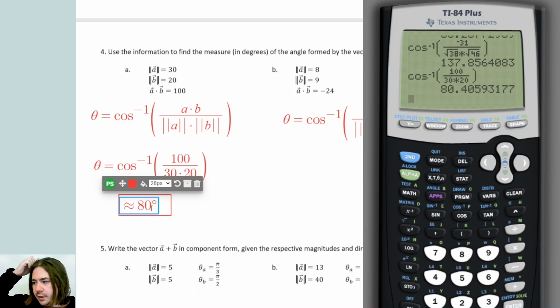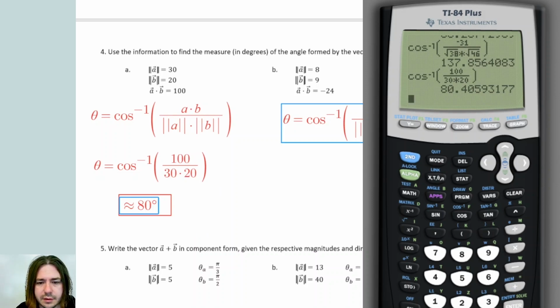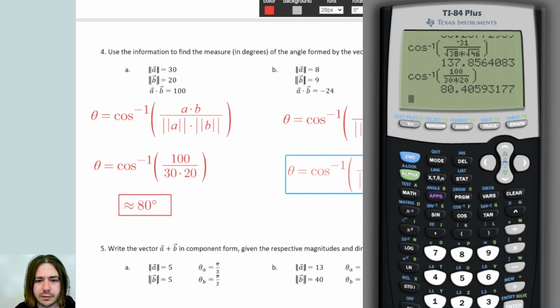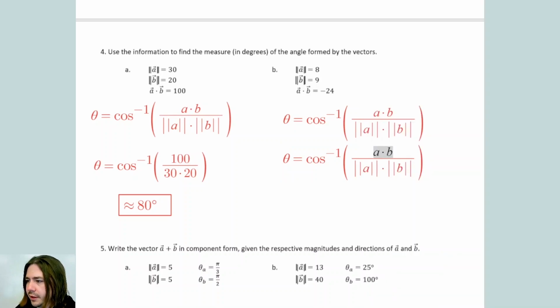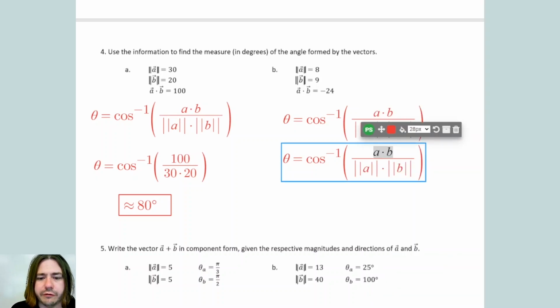All right. B is going to be worked identically, except we're going to plug in different numbers. The dot product for B is, let's get rid of this calculator. I don't want that to happen again. It's negative 24.